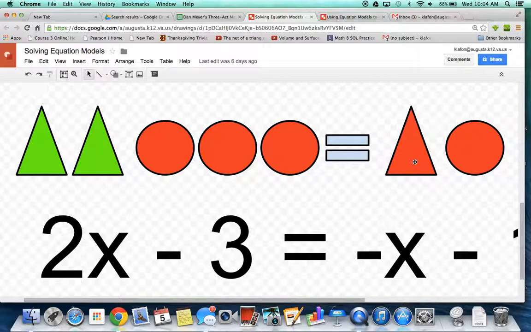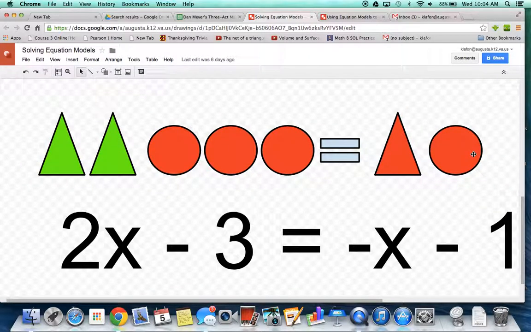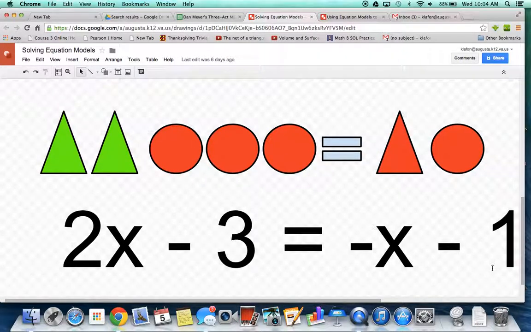I have 1 red triangle, which represents a -x, and 1 red circle is going to be equal to -1. So this model represents the equation 2x minus 3 equals -x minus 1. So we're going to use these models to figure out the values of our variables today.